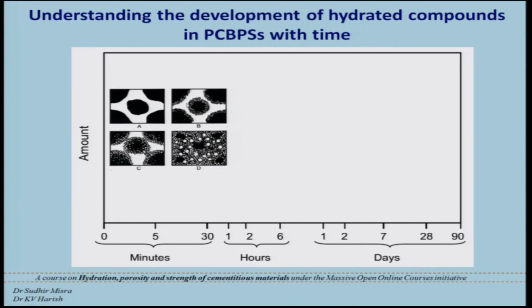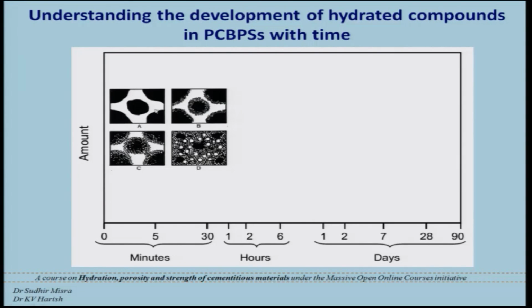And slowly, just after addition of water, you see that on the surface of the cement grain hydration products are formed, and with time more and more hydration products are formed, and finally at a matured state you see that the capillary pores are present, and you also have hydrated compounds in addition to some unhydrated cement.